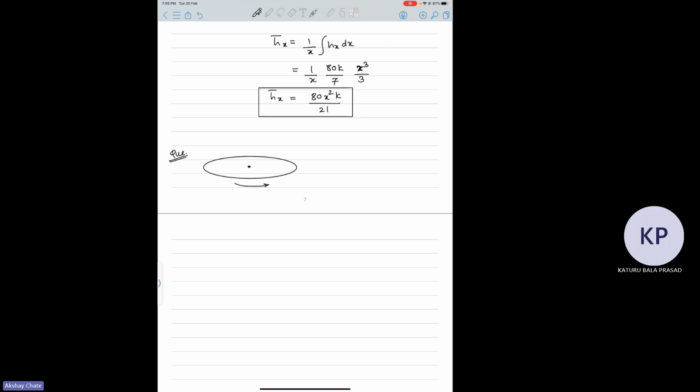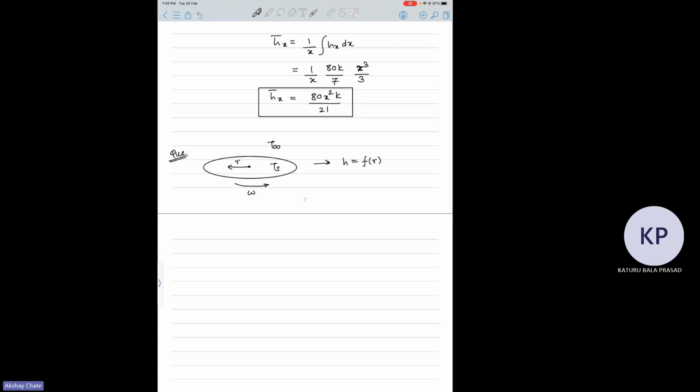Let's say this is your plate, rotating with some angular velocity omega, with plate temperature Ts and ambient T infinity, and some heat transfer is happening between them. In this case, your local heat transfer coefficient becomes a function of the radial coordinate.